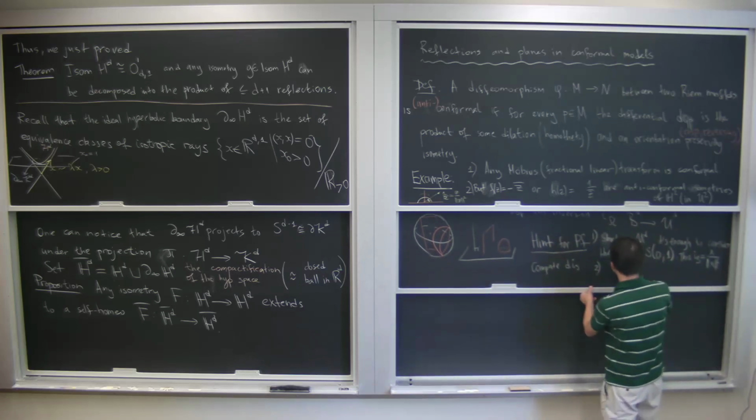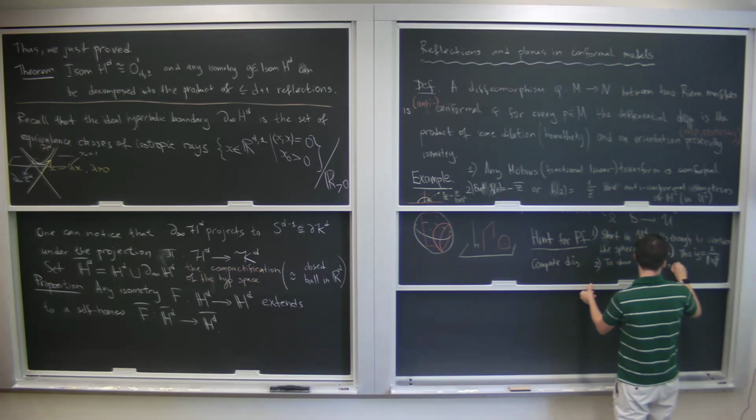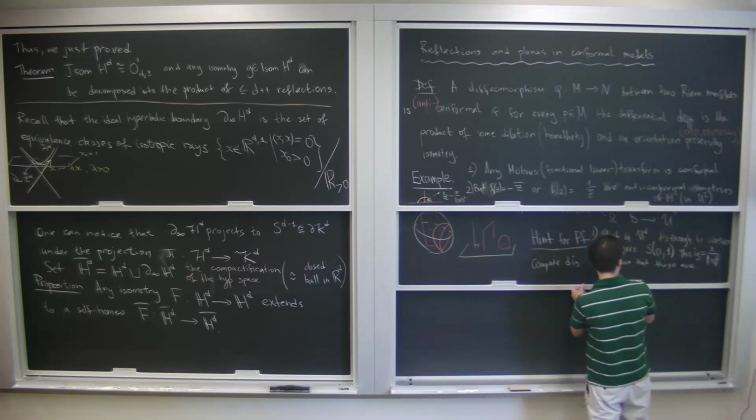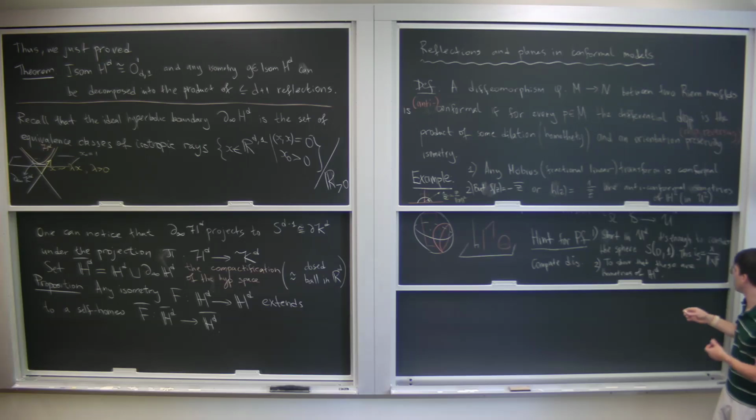Let me write it down here. To show that these are hyperbolic isometries of HD, you need to show that G_U of any vector V, its scalar product with itself, is G_U of the differential of I applied to V, and same here.